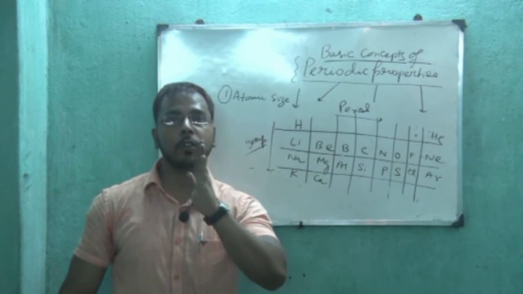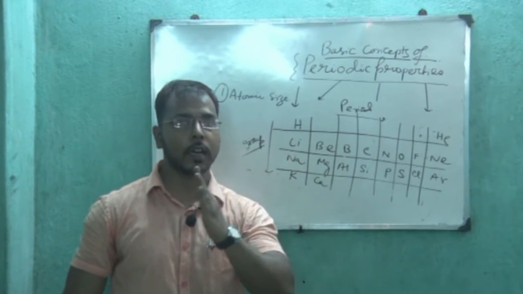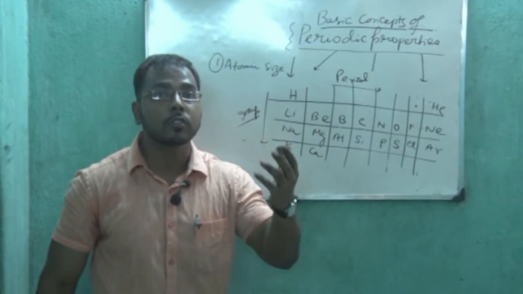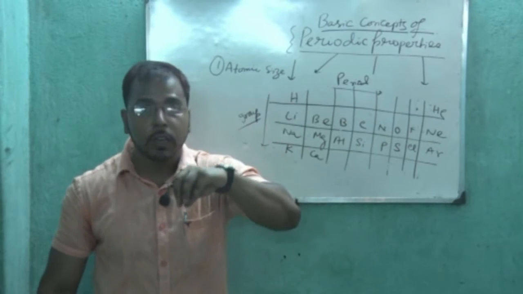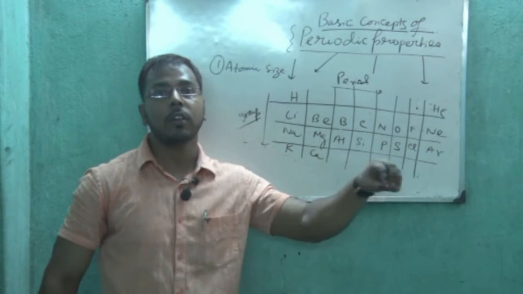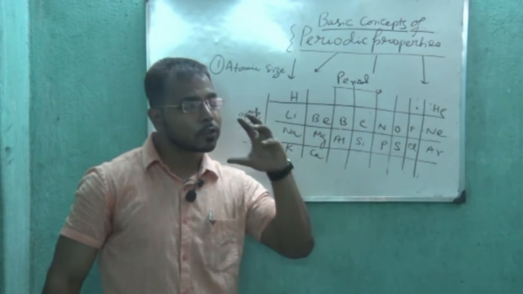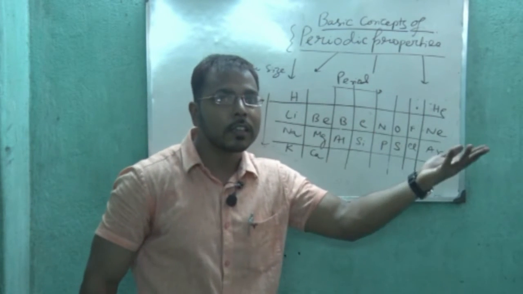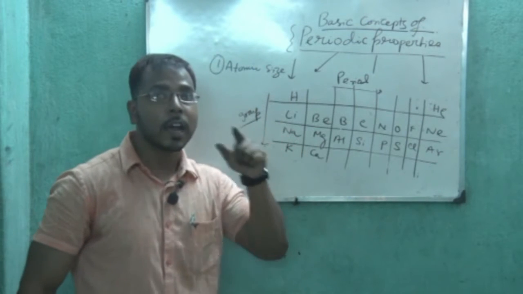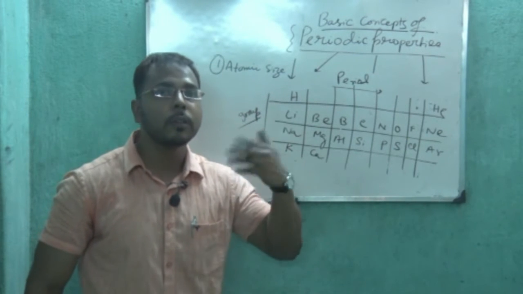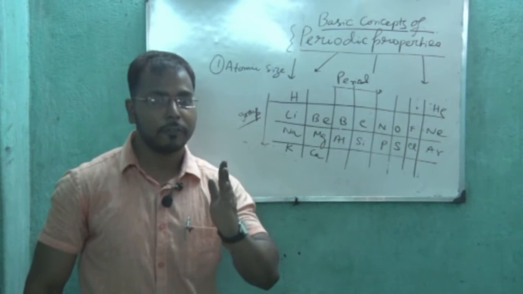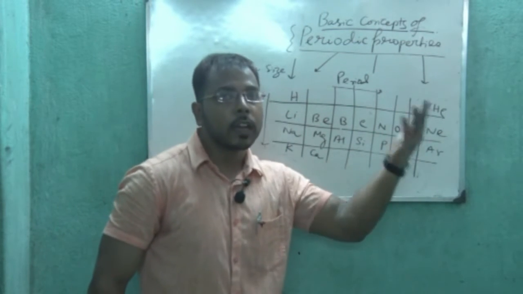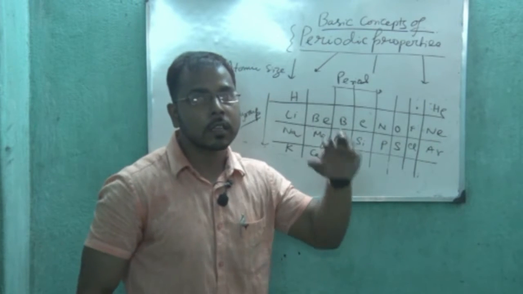So the distance between the nucleus and the valence electron decreases, so the attractive force between the nucleus and the valence electron increases. So the element does not have a tendency to remove its electron easily. So ionization energy will be increased, because if any element does not have a tendency to remove an electron, then more energy is required.